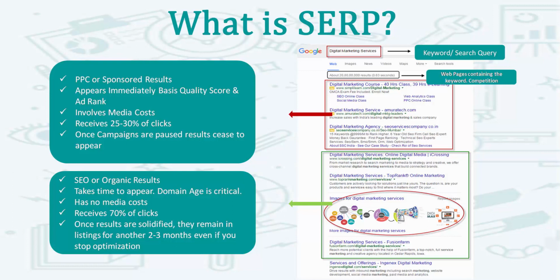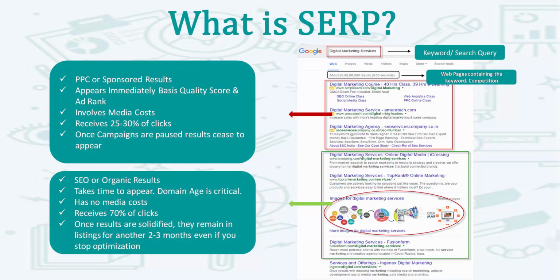These results appear above the normal search engine optimization results. They involve a particular amount of fee that you need to pay to Google for your landing page to appear. This page receives around 25 to 30% of total clicks from users that are using Google search.